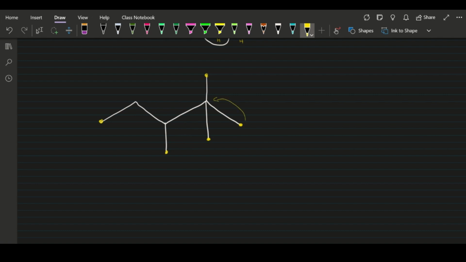For example, this is connected to one other carbon, so it is called a primary carbon. The same thing goes for this one. This is a primary carbon because it's only connected to one other carbon. Same thing goes for this one, and this one, and this one. They're all primary carbons.